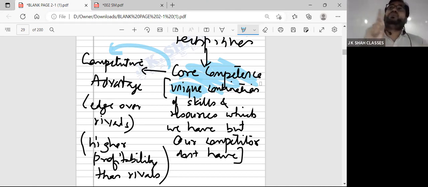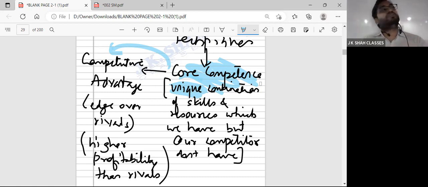Nestle, Maggi, noodles, they have got a good distribution system. If they have got a good distribution network, their product is available even at the remotest place in India. So that is their core competence. And because of this core competence, they have competitive advantage. You all understood what I just said.